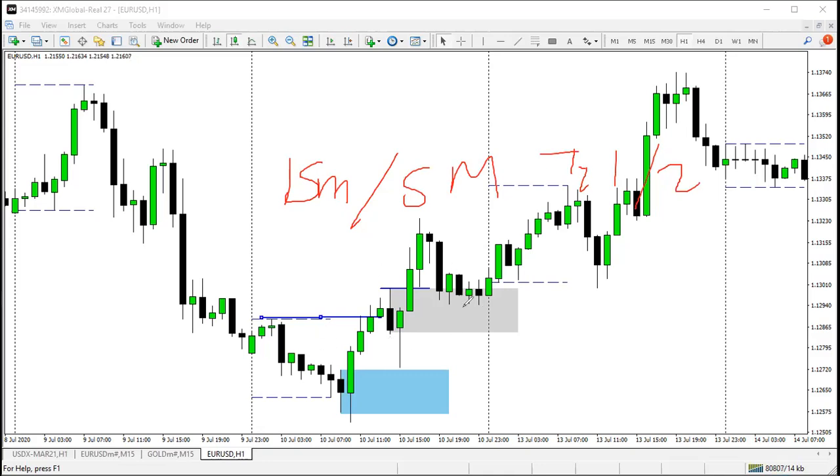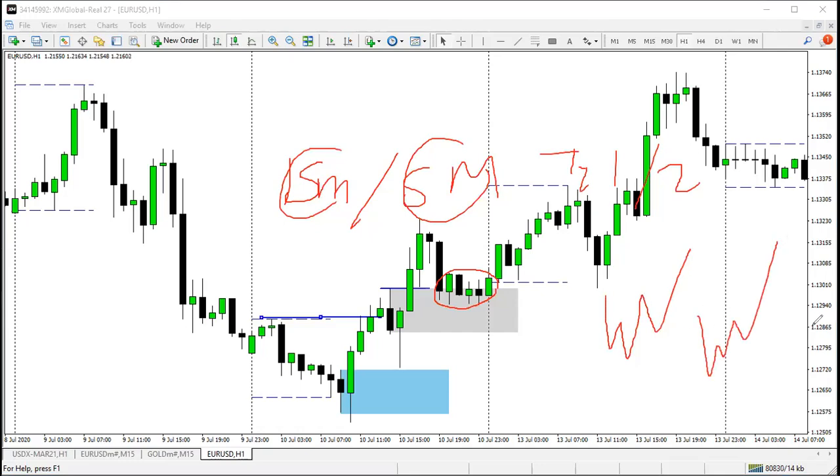So when price comes down here, inside here, right in here, if we go to 15-minute or 5-minute, we should see a type 1 bullish setup or type 2 bullish setup. That is what is going to support your order block.